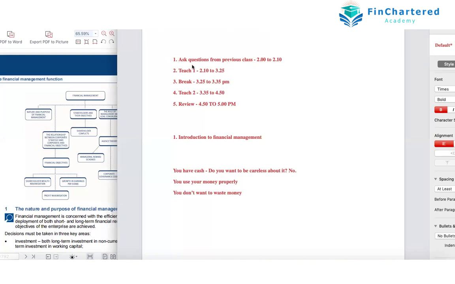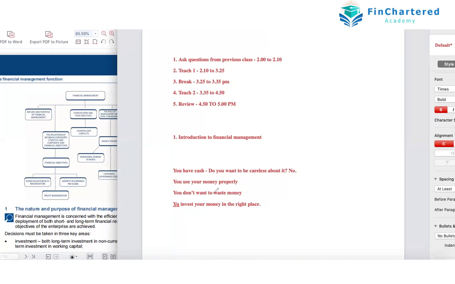Obviously not, right? So you want to make sure that you invest your money in the right place, right? You want to also make sure that when it comes to using the money, it is used properly. So it's all about money.